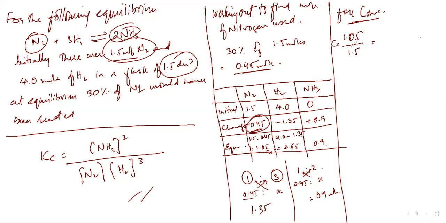So you'll get the concentration of nitrogen. For hydrogen, this would become 2.65 over 1.5 dm cube, and for ammonia it becomes 0.9 over 1.5.